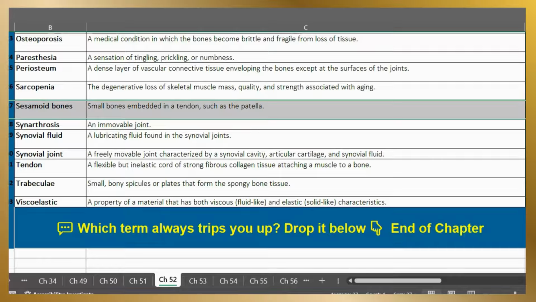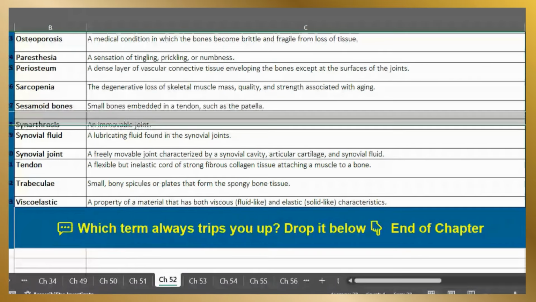Sesamoid bones are small bones embedded in a tendon, such as at the patella. So it's the small bones. Sesame seed is like a shaped bone.